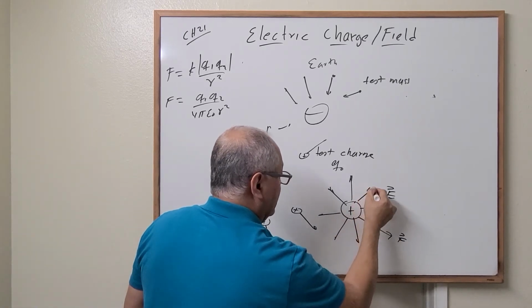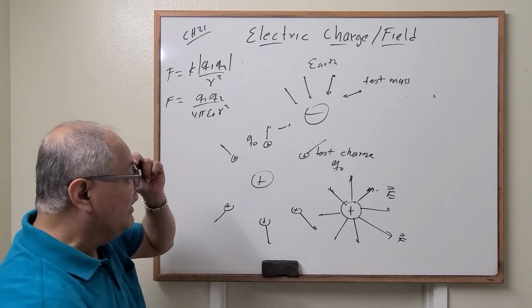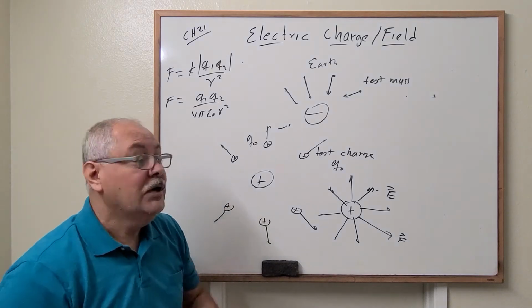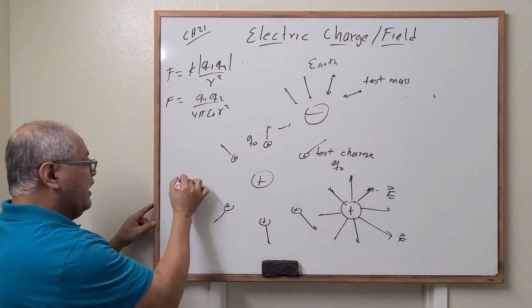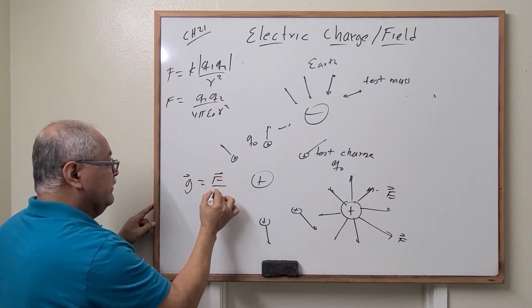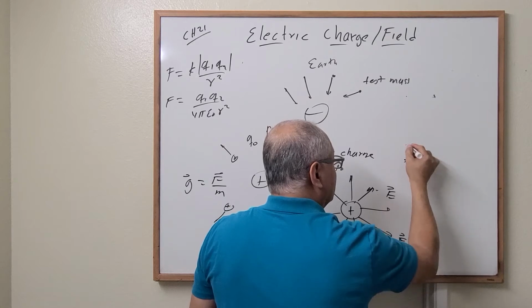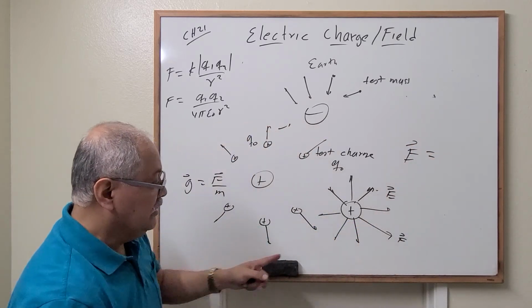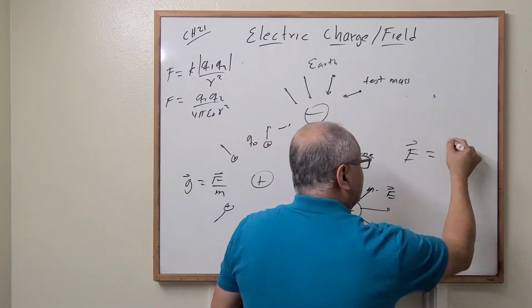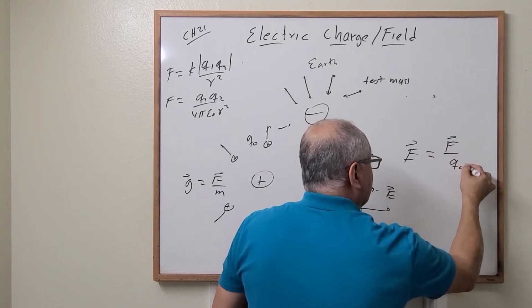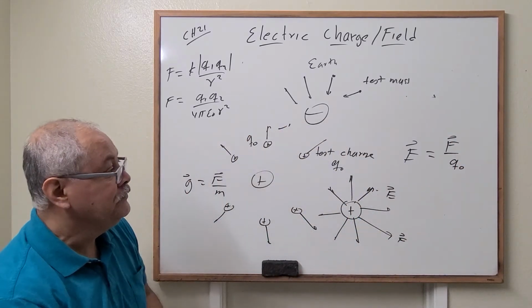Perfect. Now let's try to create a formula, the same thing as we did for the Earth. For the Earth, remember we found that g is equal to force divided by the mass. The same thing happens right here. The electric field, as a vector, is equal to the force divided by the test charge, correct?